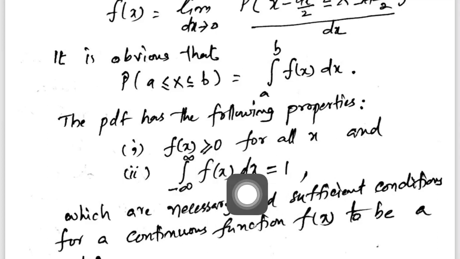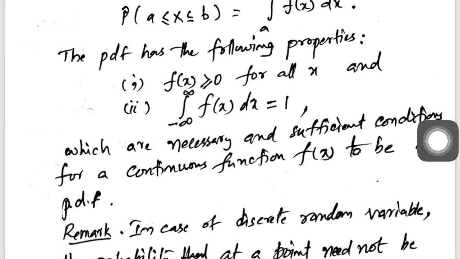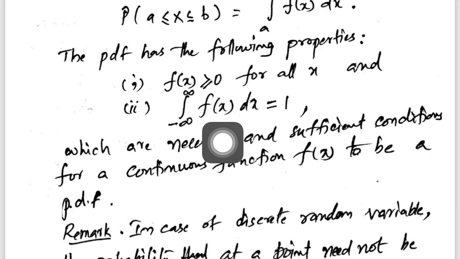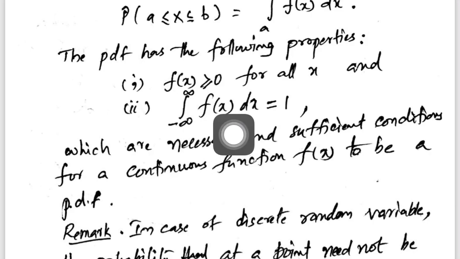In fact, this is the total probability, which is equal to 1. And of course, this is a necessary and sufficient condition for a continuous function f of x to be a PDF. That means if f of x is a PDF, these two conditions are satisfied. And if any continuous function f of x satisfies these two conditions, then that is a probability density function of a continuous random variable.